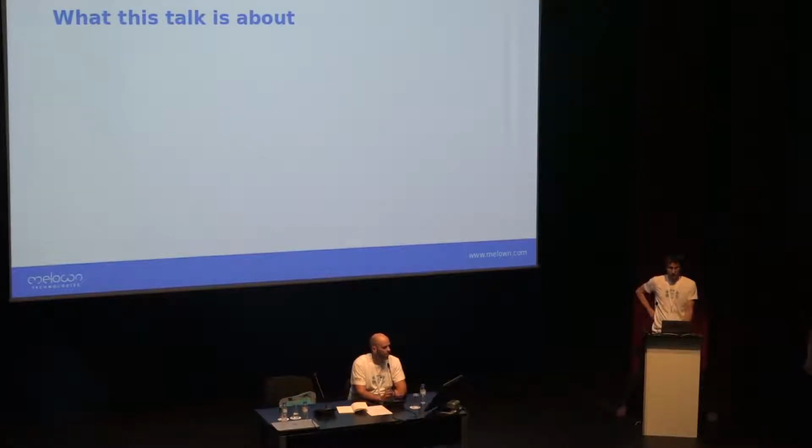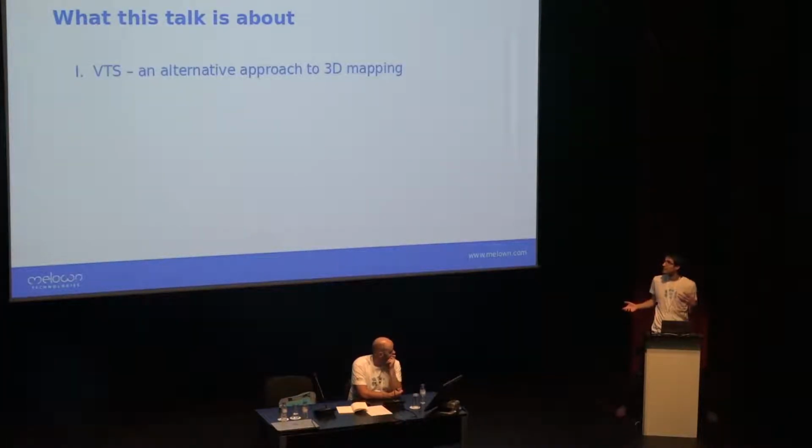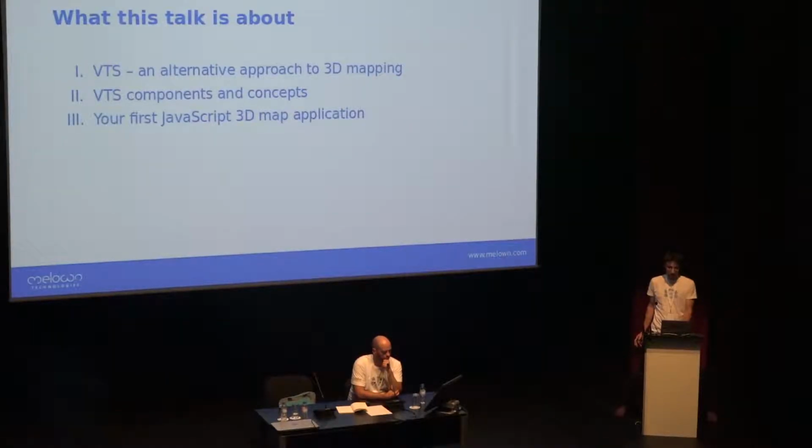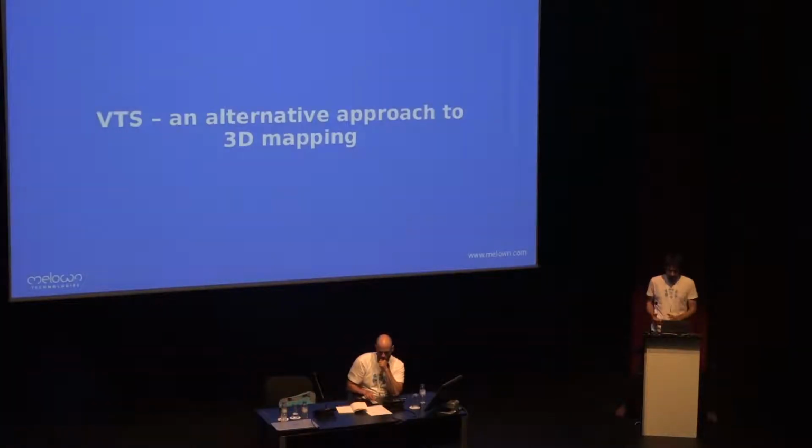What we are going to talk about is we'll see how VTS is a kind of alternative approach to 3D mapping, what are its components and concepts, and I'll show you how you can create your first JavaScript 3D application.